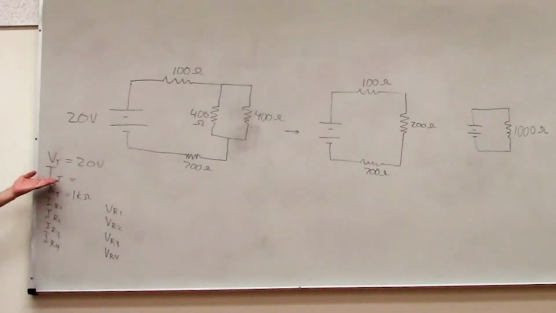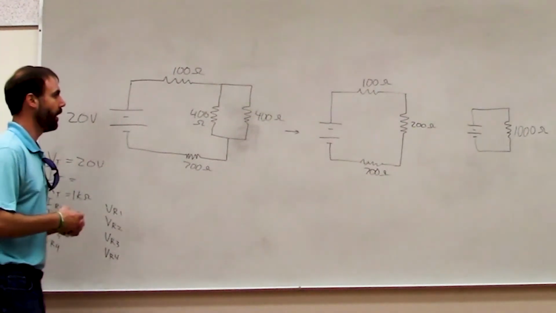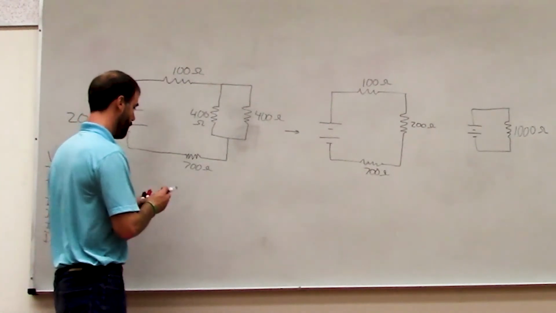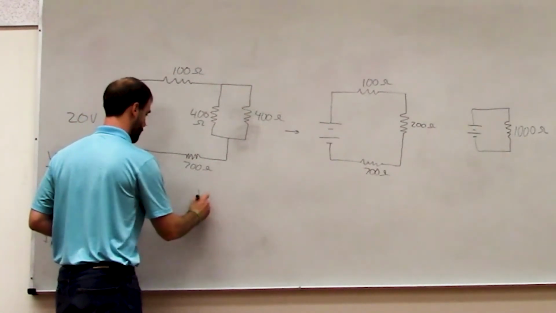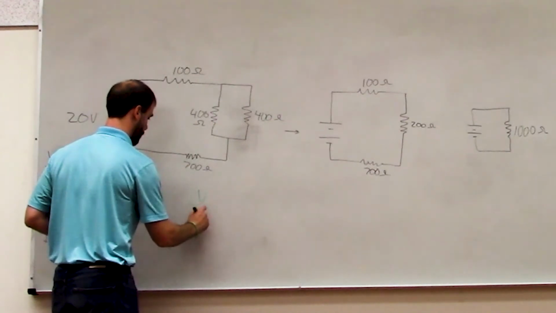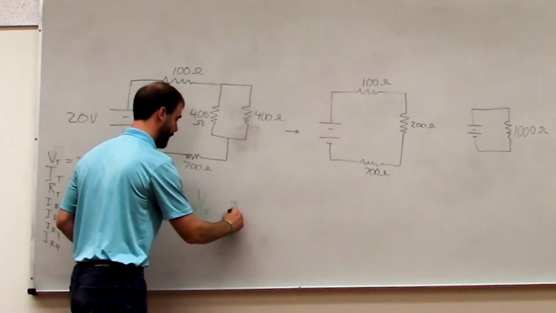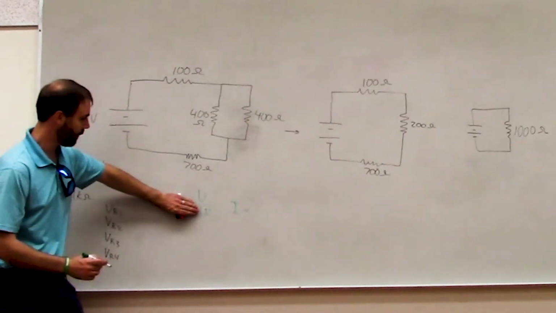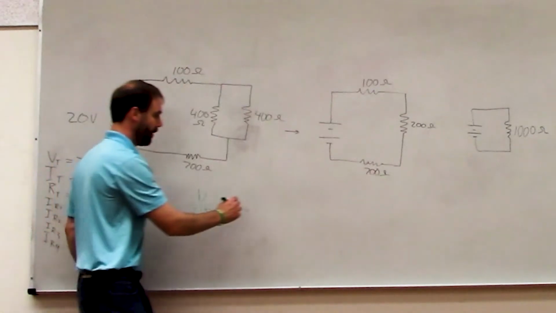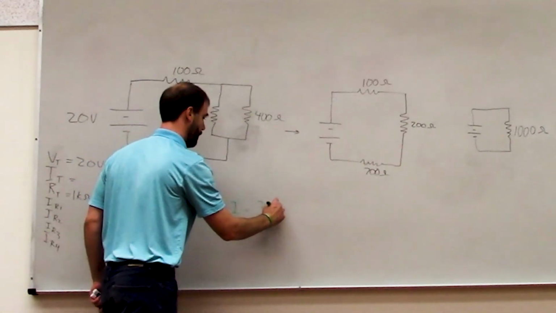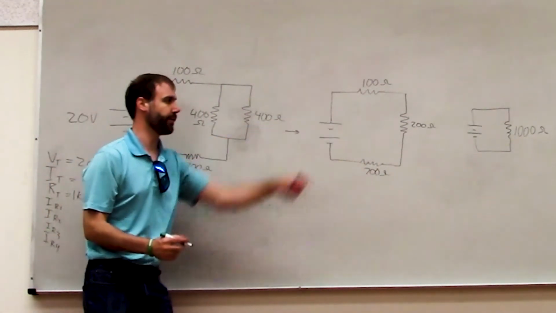We haven't figured out the total current yet, though. How can we figure out the total current? Just divide the voltage by resistance. Yeah, we can use Ohm's law, right? Ohm's law is written like this. So we're trying to find the current. We say I equals, and then we cover up I, and we see it's V over R. So that's 20 volts, and then we use our equivalent resistance.